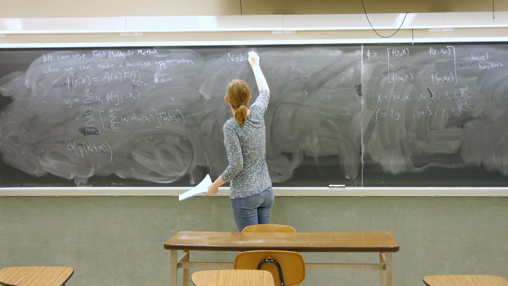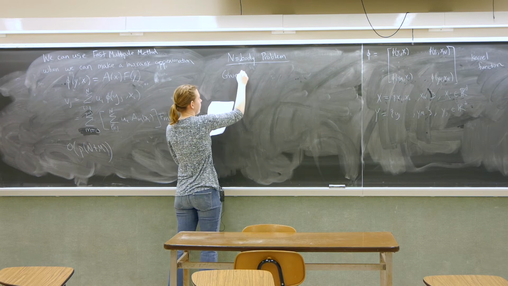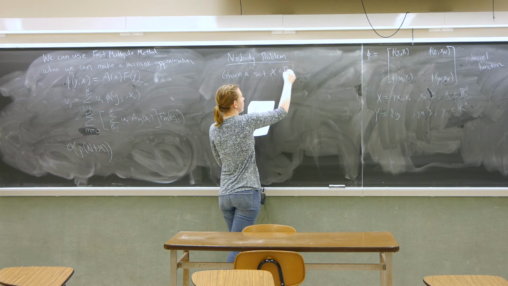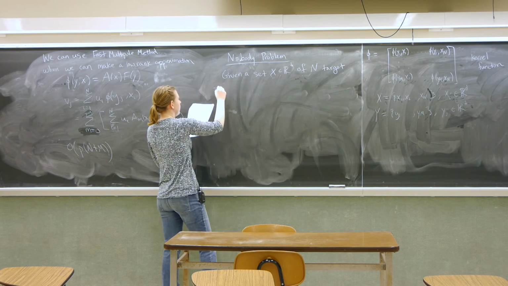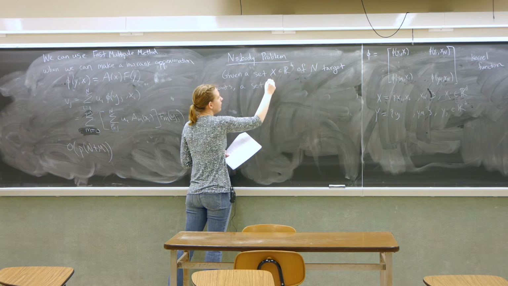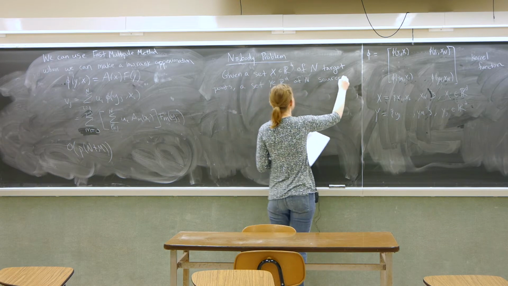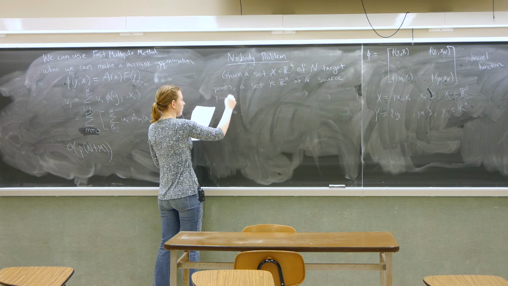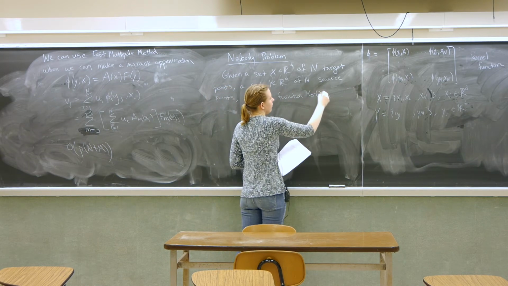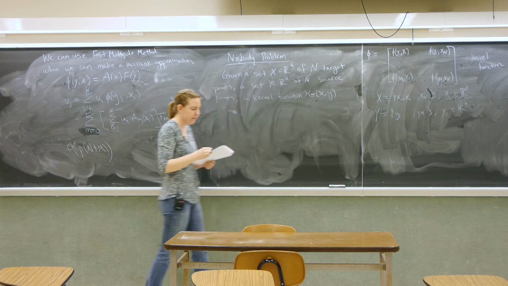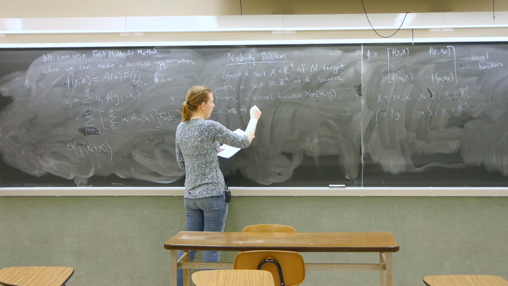Okay, so here's the N-body problem. Given a set X of n target points, and a set Y of n source points, they're called, a kernel function which we now change to G of x, y, and then a set of weights.